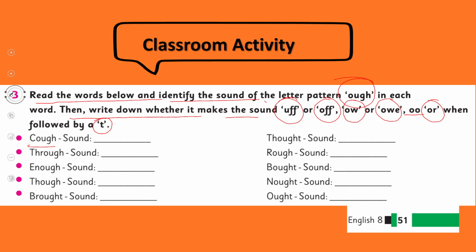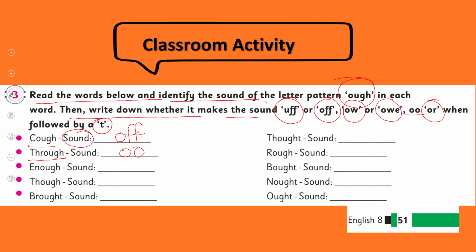Cough, cough. What sound are we having? Cough. Here you have to write the sound of. Here through, oo sound, double O, right?